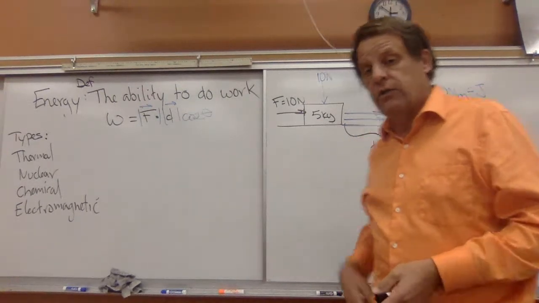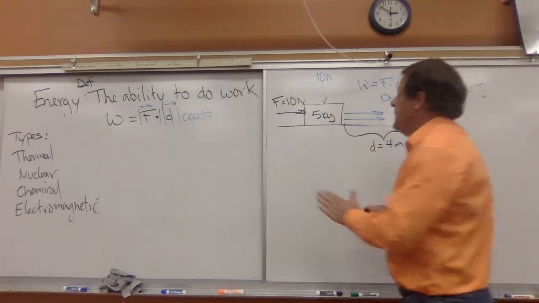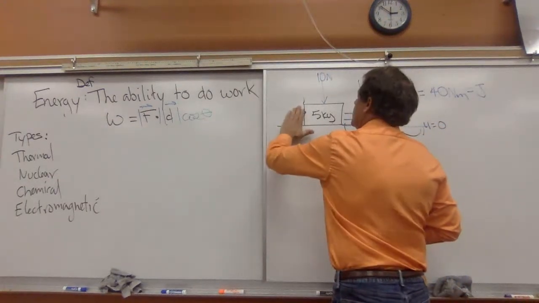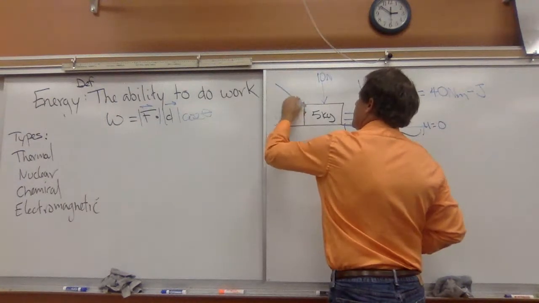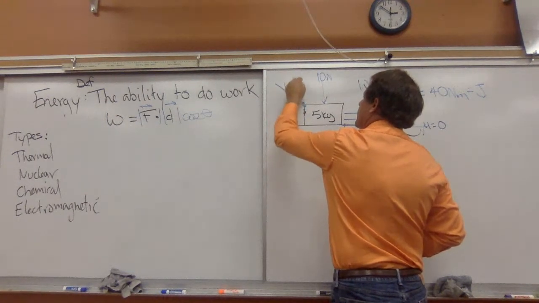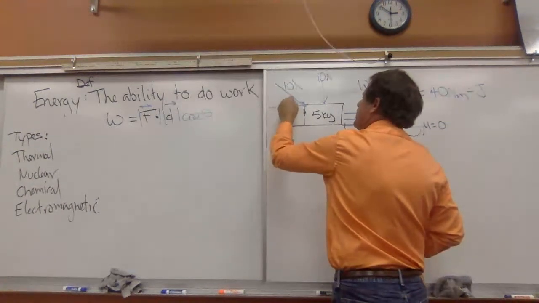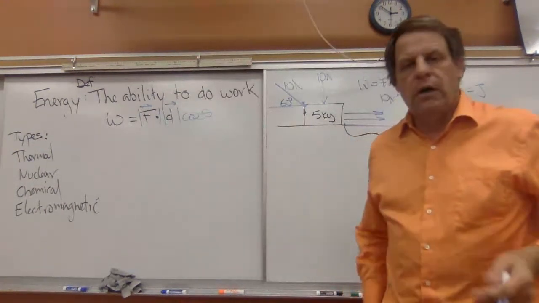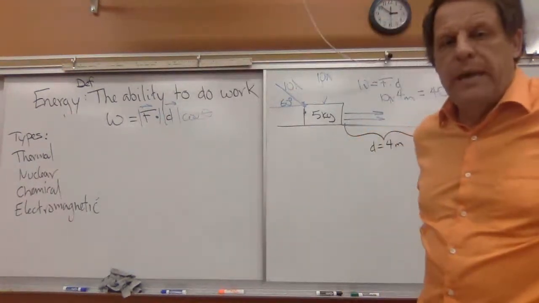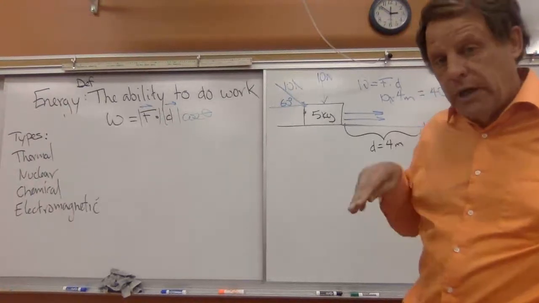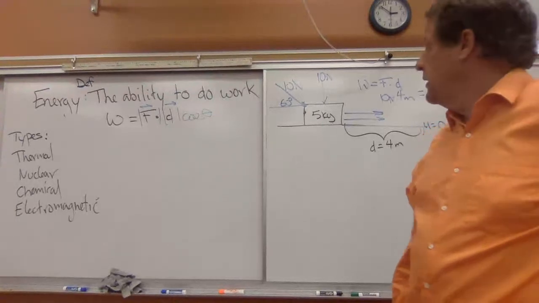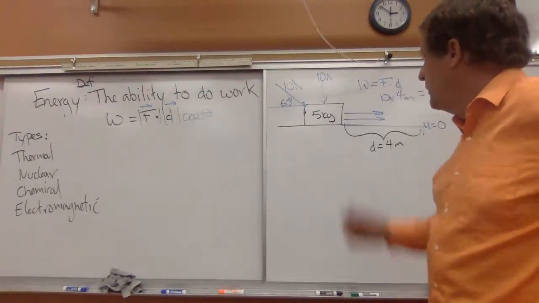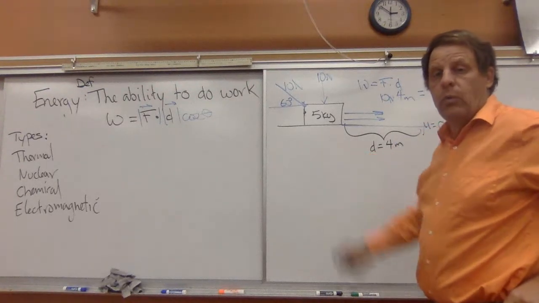Now let's take the same example, but now we're going to apply this 10 newtons of force at an angle of 60 degrees. We're kind of pushing down on it. And now what would the work be?